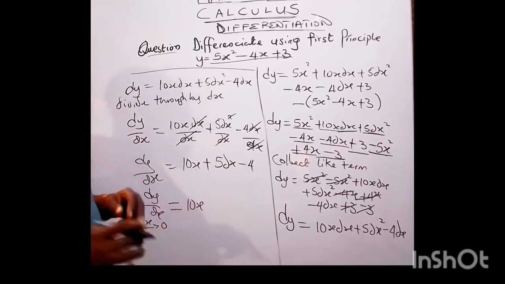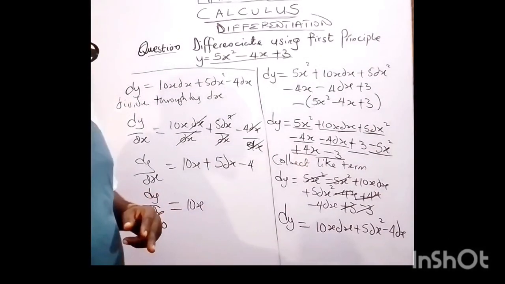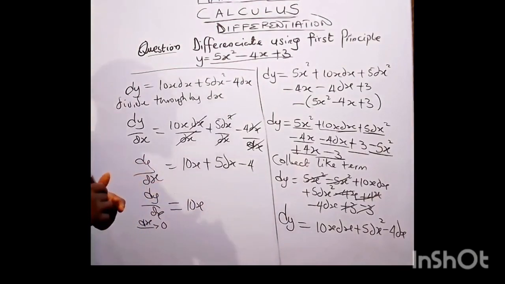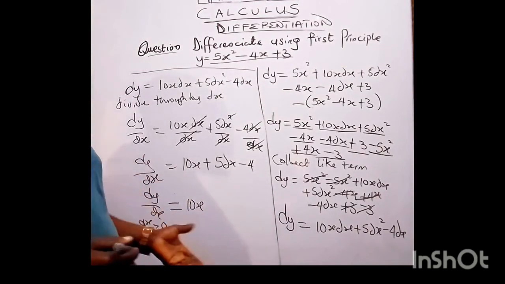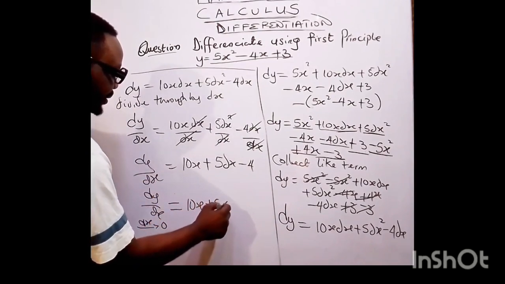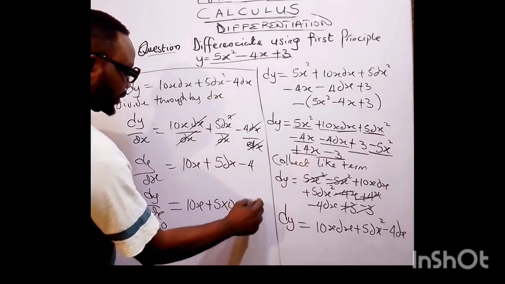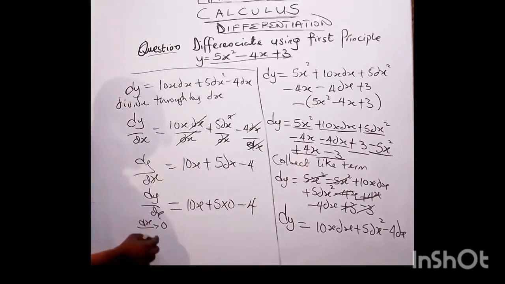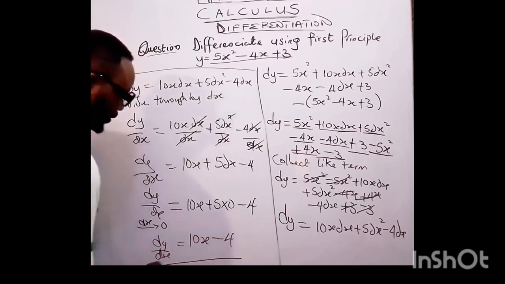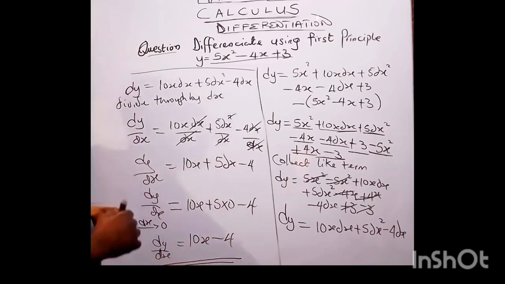Now, wherever you see dx, what do you put there? You put 0 there. What we are trying to do there is find the limit of the value here, plus 5 multiplied by 0, minus 4. So you can now have the final answer: dy/dx will be equal to 10x minus 4. This is the final answer for that step.